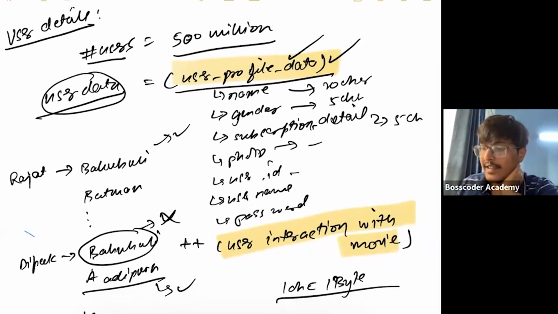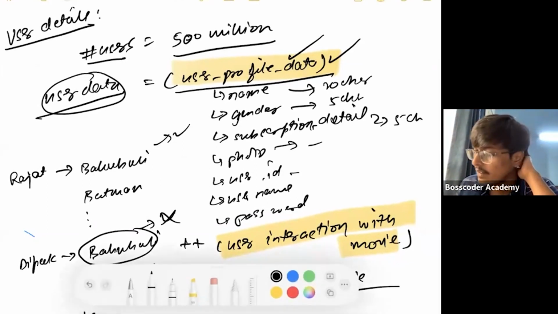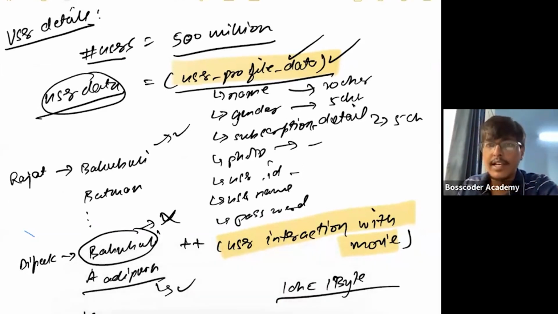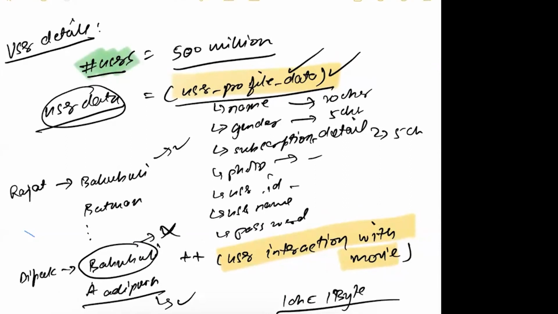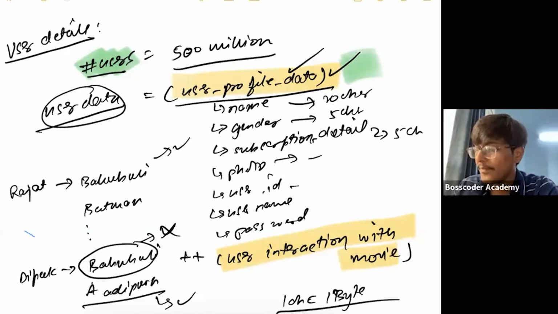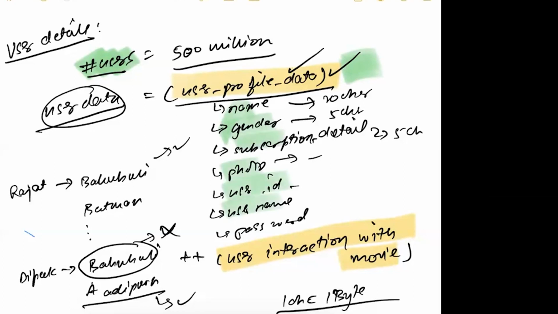So let's go through it together, right? Is this part clear, Saurabh, that user details will consist of two factors? What are those two factors? Can you tell me? User: it can be name, user ID, email, subscription details, and payment details.